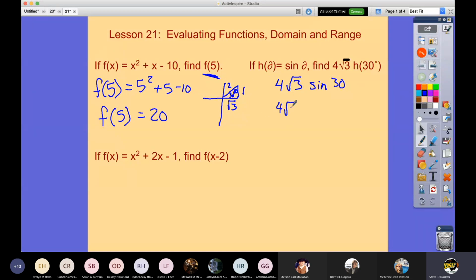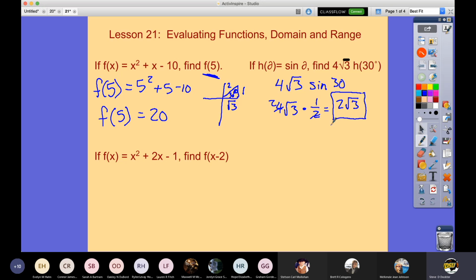So we'd have 4 square roots of 3 times sine of 30 equals 1/2. And then we simplify that down. We get 2 square roots of 3. So when they ask for 4 square roots of 3 times h of 30 degrees, our answer would be 2 square roots of 3.